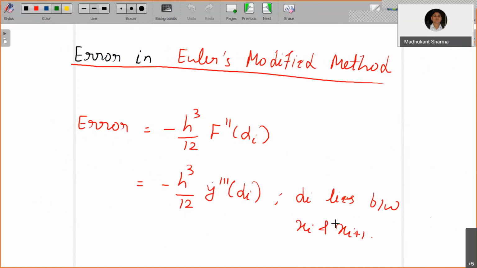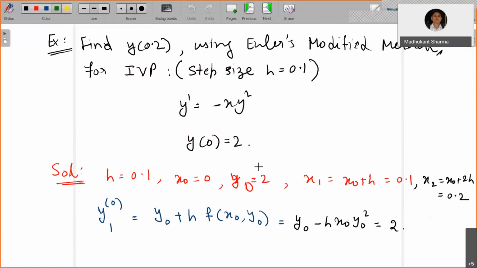Now, let us solve the previous problem again: approximate y at point 2 using Euler's modified method with step size h equals 0.1. I have specifically mentioned h equals 0.1. x naught is 0, y naught is 2, x1 is x naught plus h, 0.1, and x2 is x naught plus 2h, 0.2.